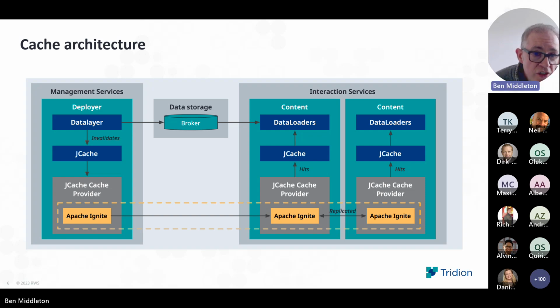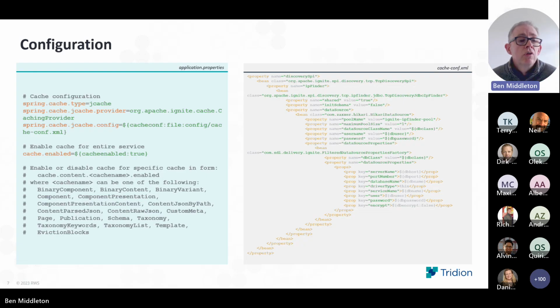In terms of configuration, there's not a lot to it. We have two configuration points. In our application properties, you can see this is a JCache implementation. It tells you the JCache provider, and then we just point it to a configuration file. The only other thing we include in here is the ability to blanket disable various parts of the cache.